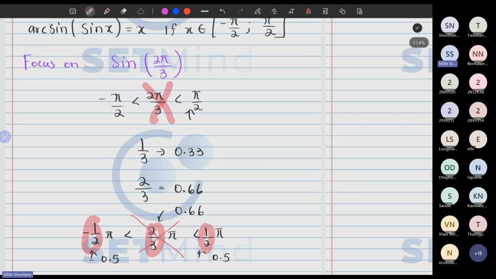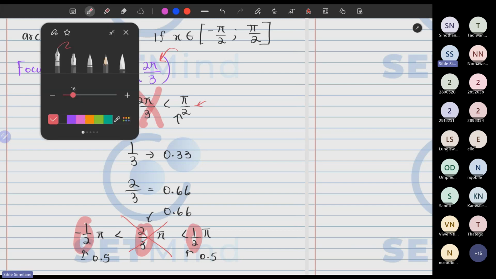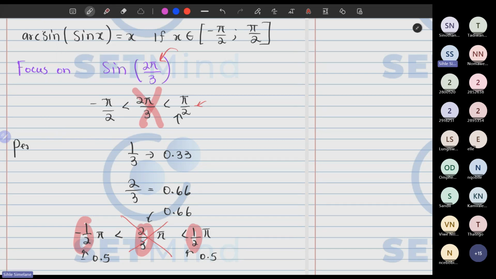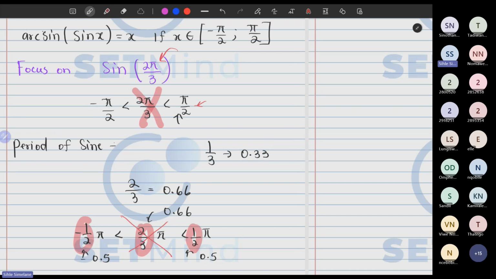So we need to try and make that angle come back to this range here. If you all remember, sine and cos are sinusoidal with what period? Sine is periodic in 2 pi k intervals.